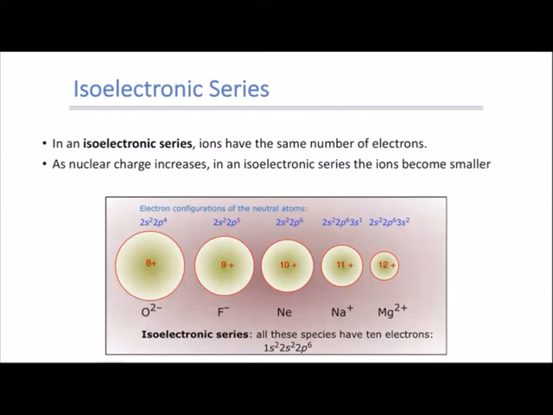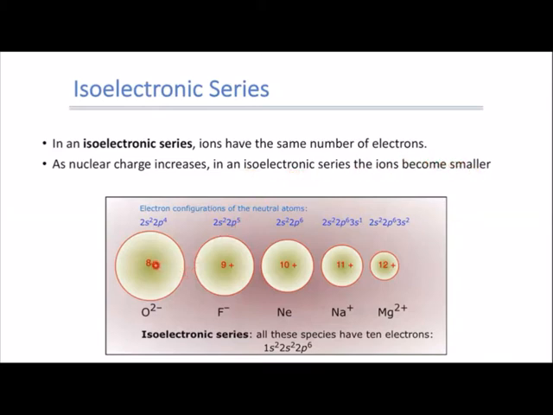Looking at all these different ions, we can create what we call an isoelectronic series. An isoelectronic series has ions that have the same number of electrons. It doesn't matter what that ion is as long as it has the same number of electrons. As their nuclear charge increases in an isoelectronic series, the ions become smaller.